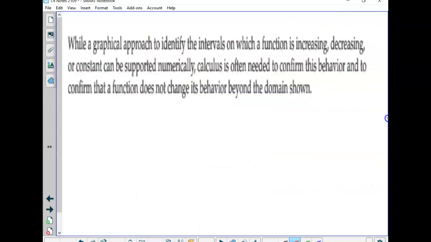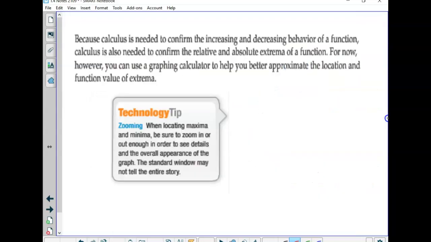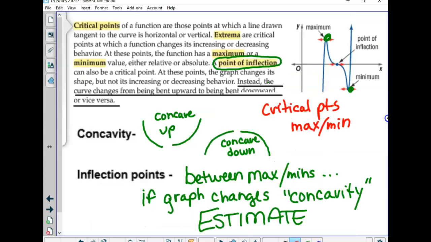So we're going to estimate where this inflection point is. When we list critical points, it will also include inflection points, which will occur between maxes and mins, and inflection points are always estimates.